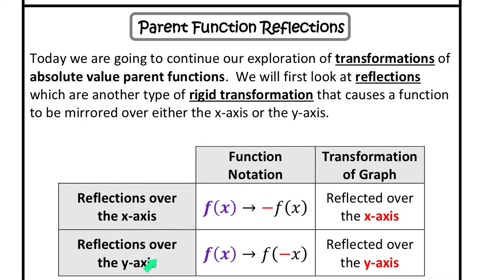When we're looking at it in equation form, if we're reflecting over the x-axis, then we have a negative in front. So if there's a reflection over the x-axis, then the negative is outside.